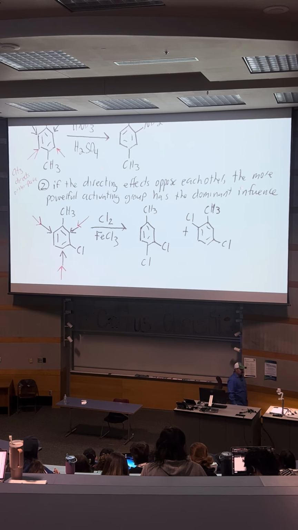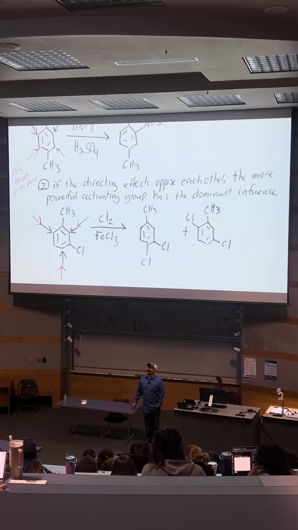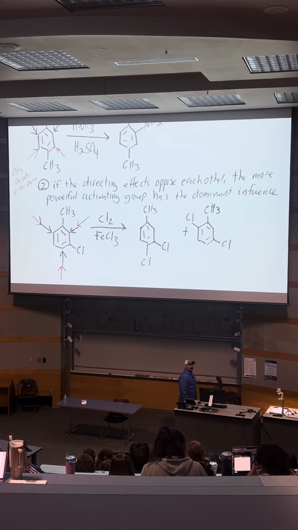Can anybody guess why we don't see chlorine ortho to the right of methyl as a product? Right. What do we call that in chemistry? Steric hindrance. That's right. Because remember, at the end of the day, these things have to collide in just the right geometry for the substitution to occur.